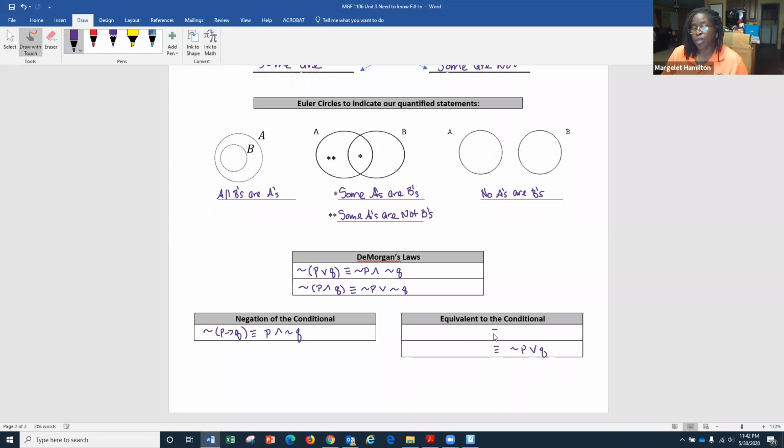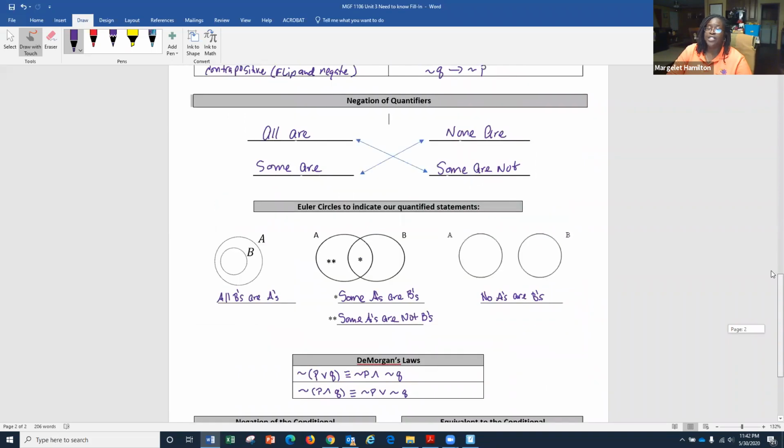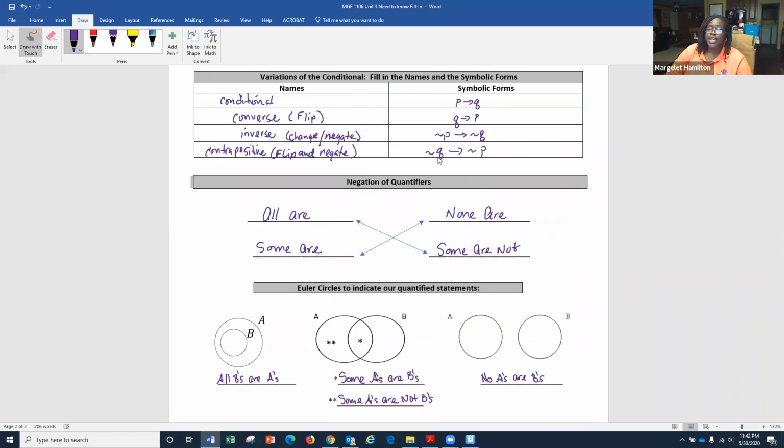Remember, I told you earlier when we first started in our last video that the conditional statement is equivalent to its contrapositive. So its contrapositive statement, and we know its contrapositive statement is negation Q implies negation P.